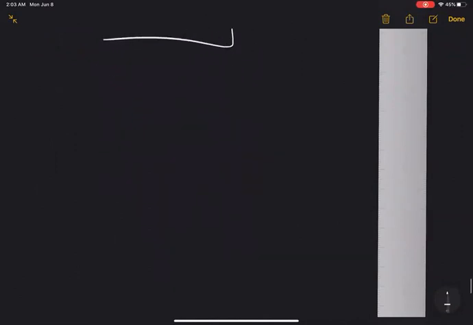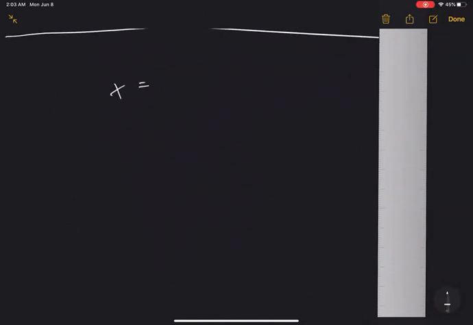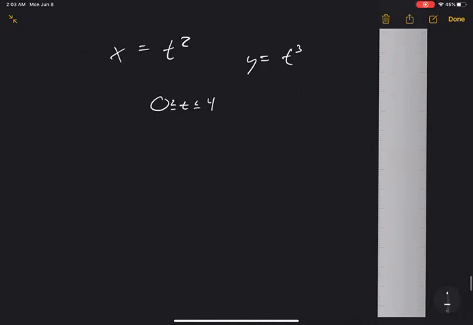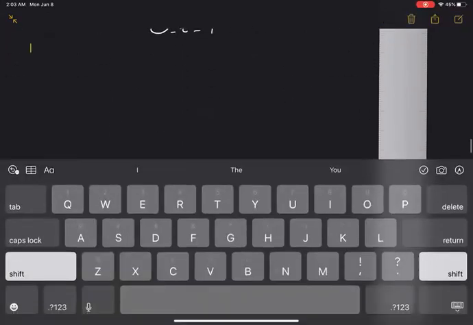But if we had been given the same format, x equals t squared, y equals t cubed, but we were given t between 0 and 4, what would the graph of that look like?